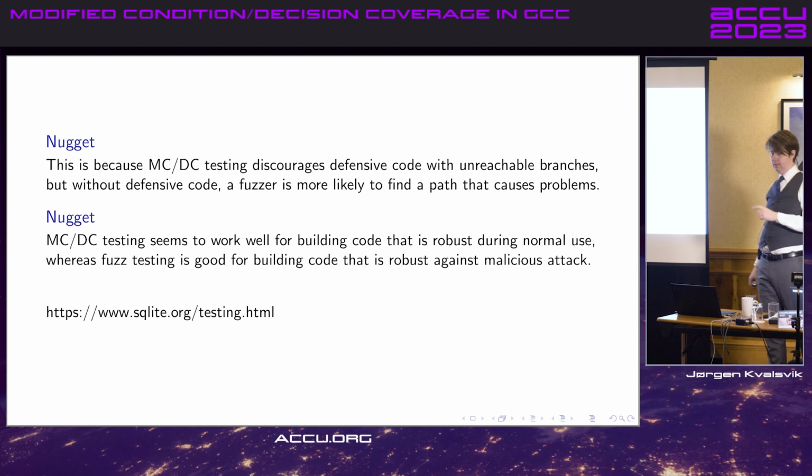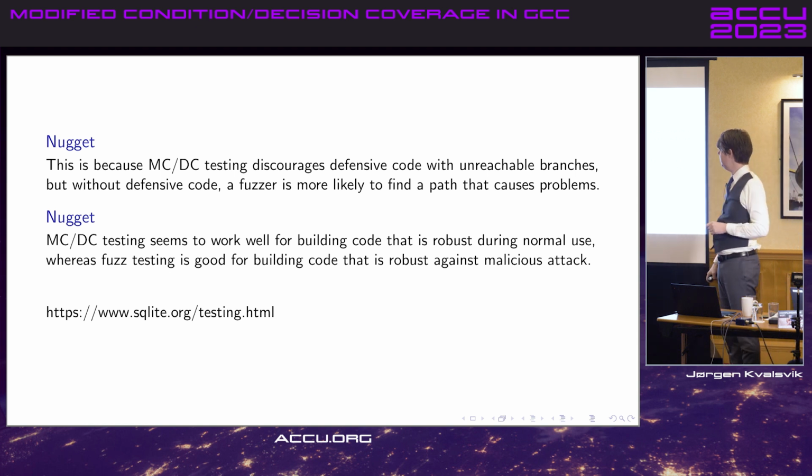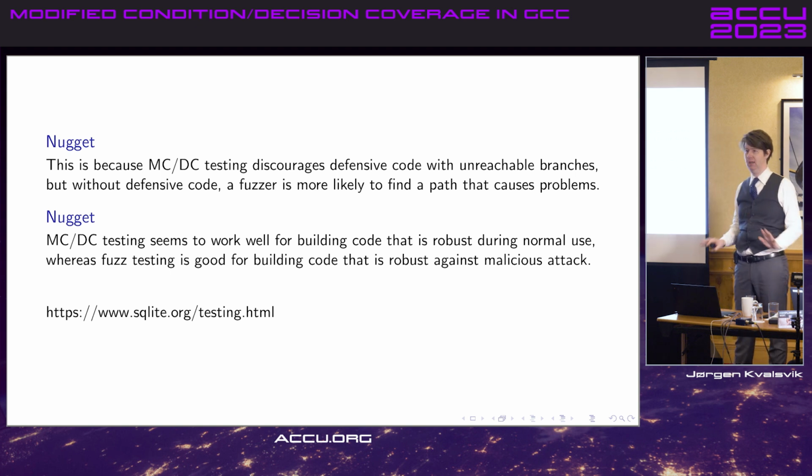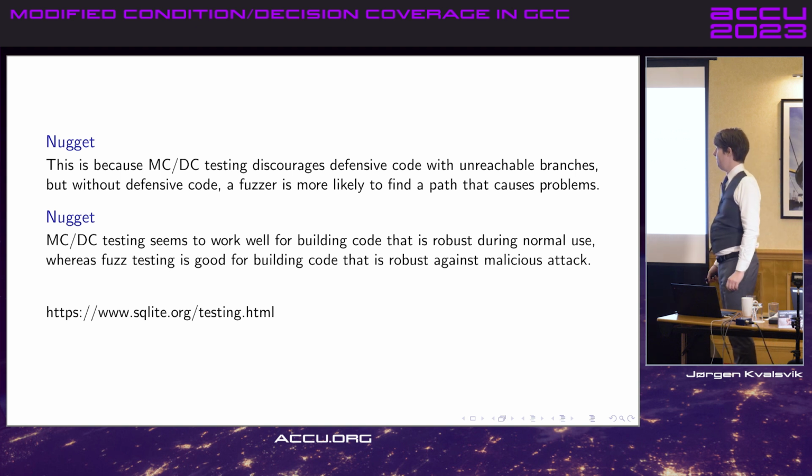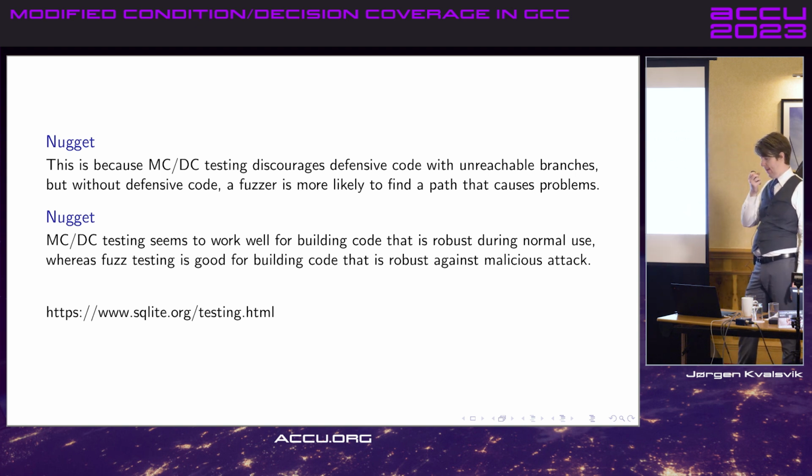So I have a couple of nuggets from the SQLite people. From their testing page, SQLite is probably, if not the most, then certainly up there, most well-tested pieces of software in history. It is absurdly well-tested. And SQLite goes into fighter jets, so it has to comply with aerospace regulation, which means that they need MCDC, right?